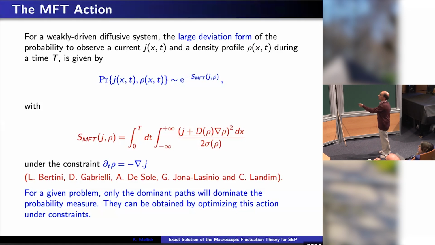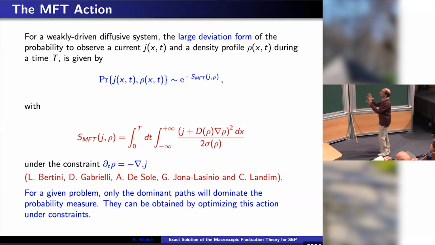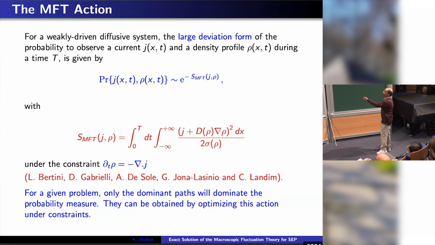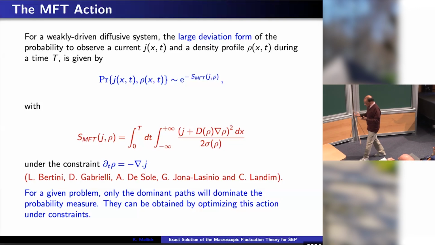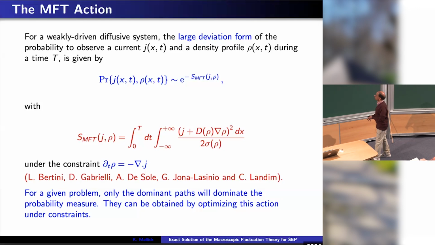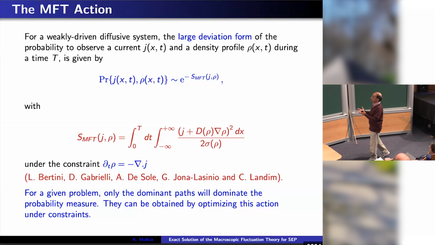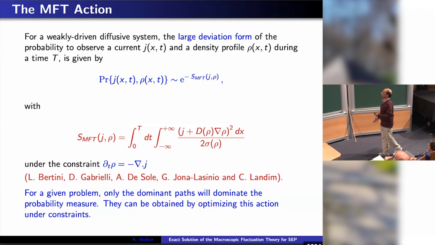But for now, I will take this as a kind of black box, take it as being true, and try to work on this variational problem. So consider that this is the correct expression for the fluctuations and the large deviations of any driven diffusive system, under some hypotheses that I don't really master, but ZRP falls into that.